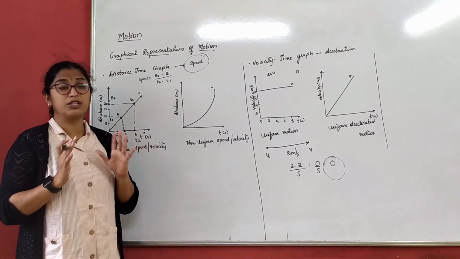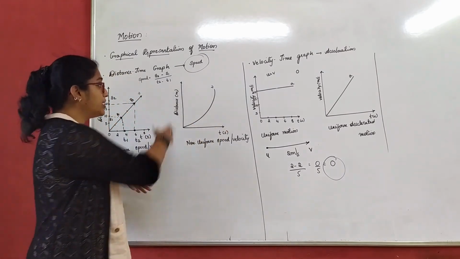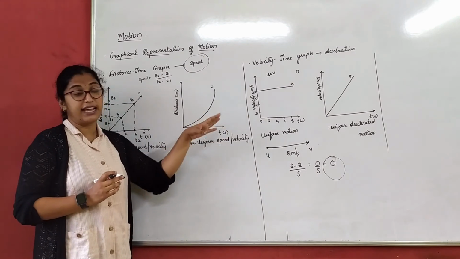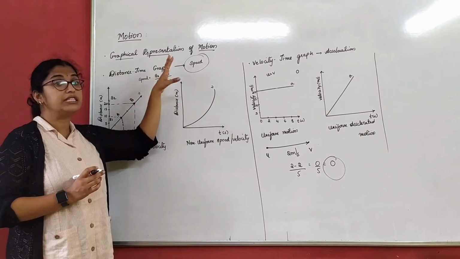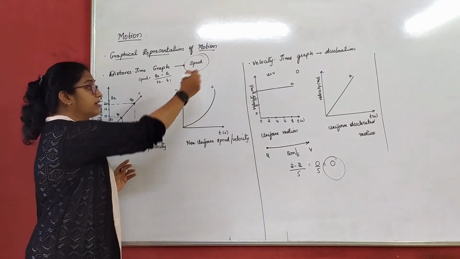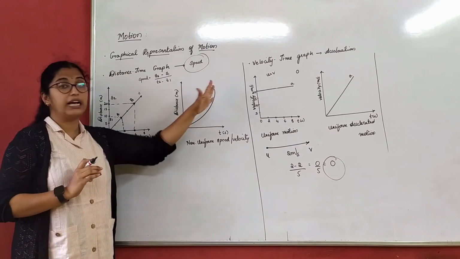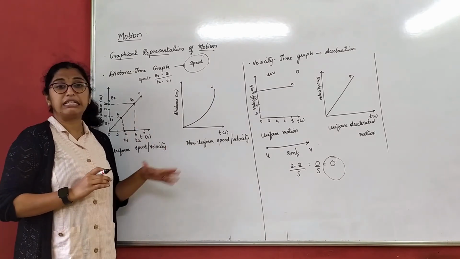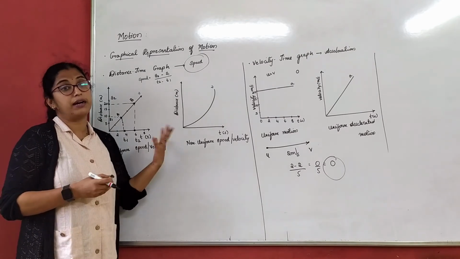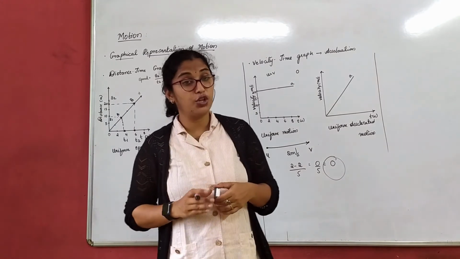You need not mark 2, 3, 5, nothing. You just need to draw the x-axis and y-axis, take time on the x-axis and whatever physical quantity is asked, distance or velocity, on the y-axis. And whether it is a curve or a straight line, you have to decide and draw. Basically these will sometimes be for 1 mark, but when numericals are involved, the marks will vary. So this is about graphical representation of motion.